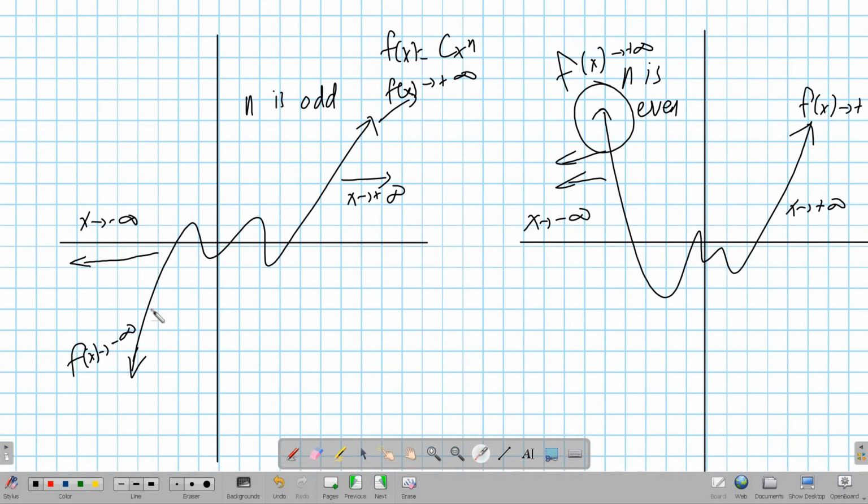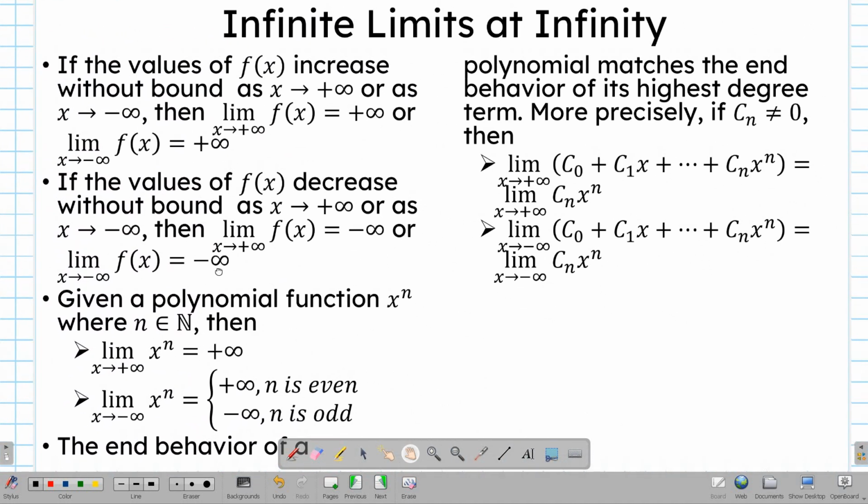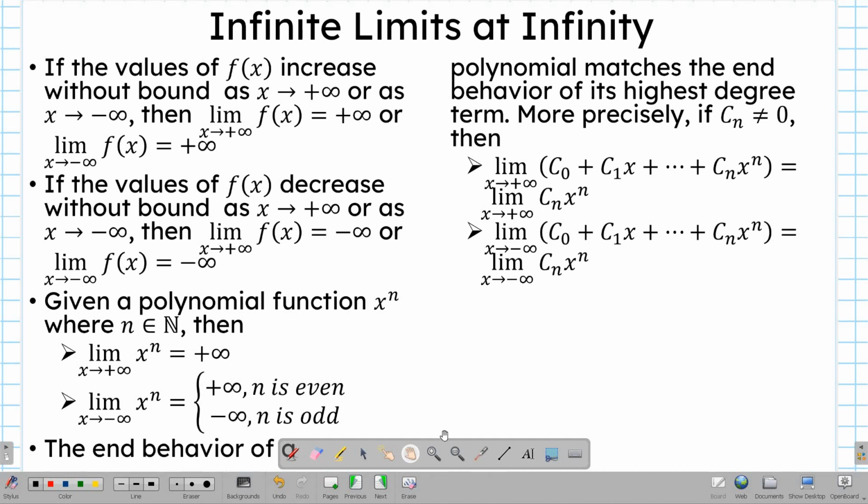Now, c is assumed to be positive here, because if c becomes negative, this gets flipped, and we apply the rules from before on infinite limits. Also, we have a theorem that states that if you have a long polynomial, all you need to do is get the limit of the leading term, and that becomes the limit of the entire polynomial.